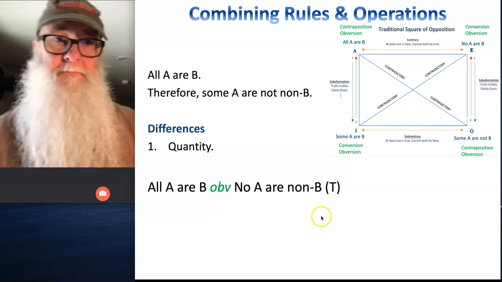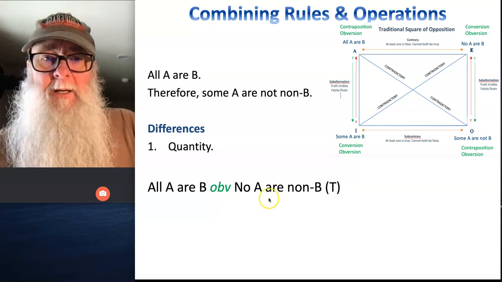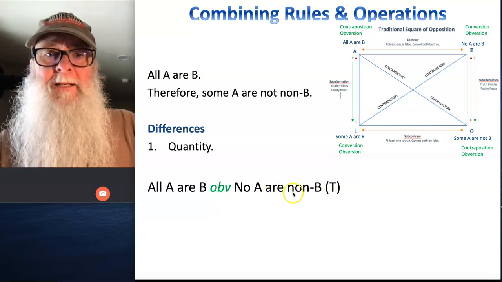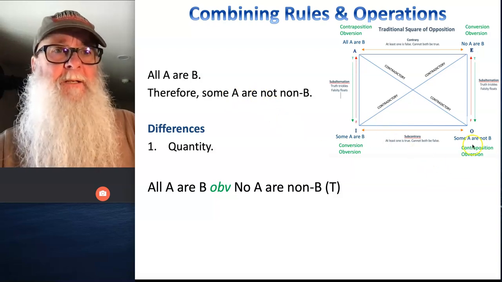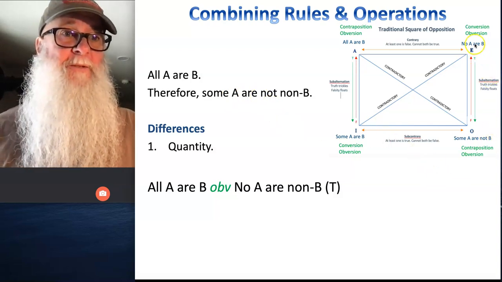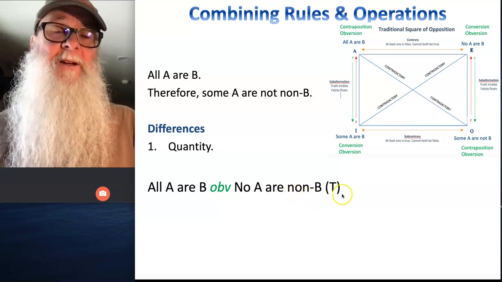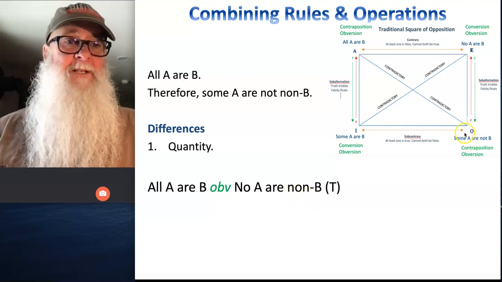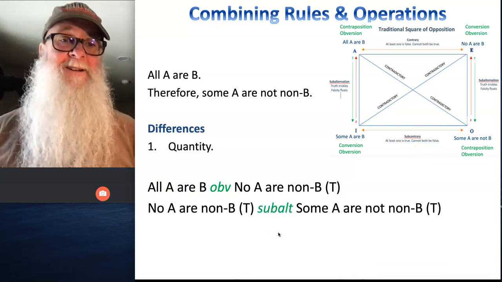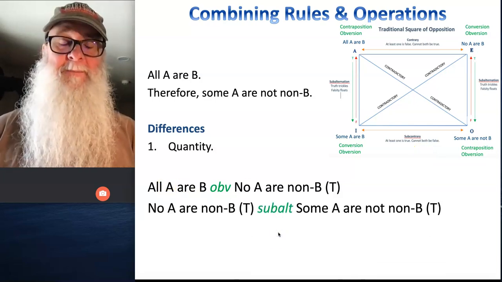Because no A are non-B is universal, and my conclusion statement, some A are not non-B, is particular. But again, I can apply the rule of subalternation. If no A are non-B is true by aversion, then by subalternation, some A are not non-B would also have to be true.